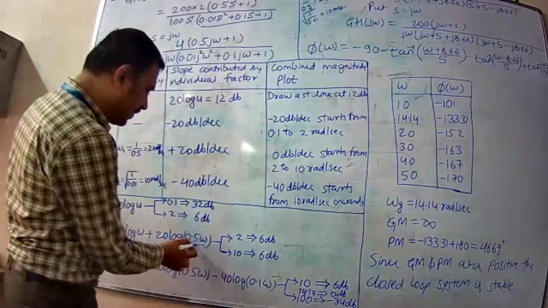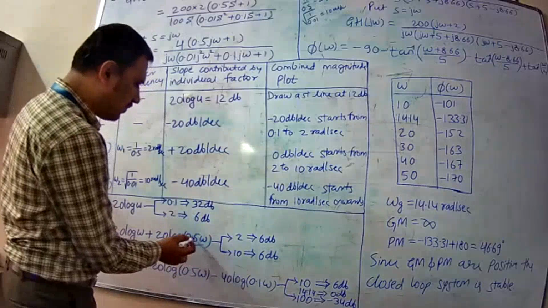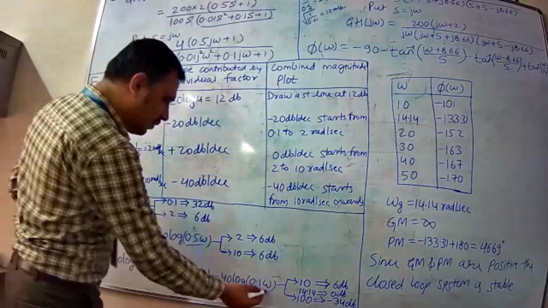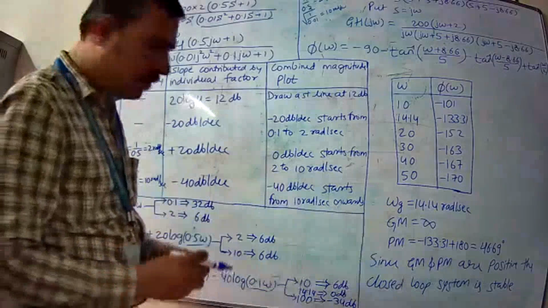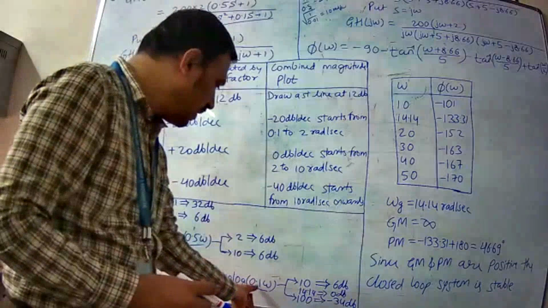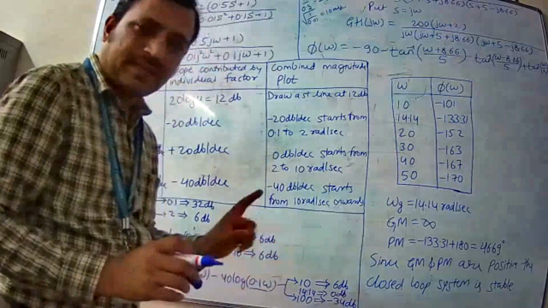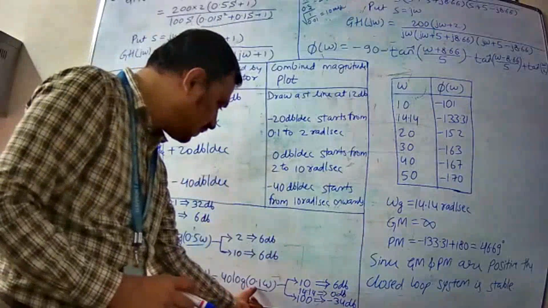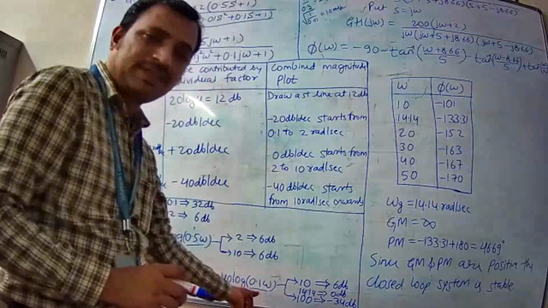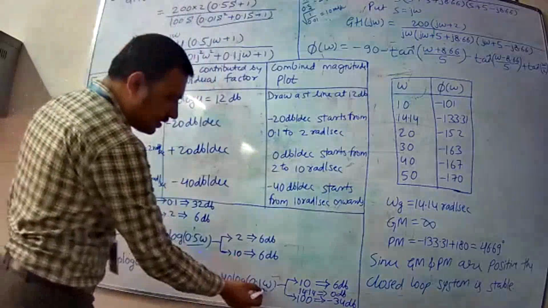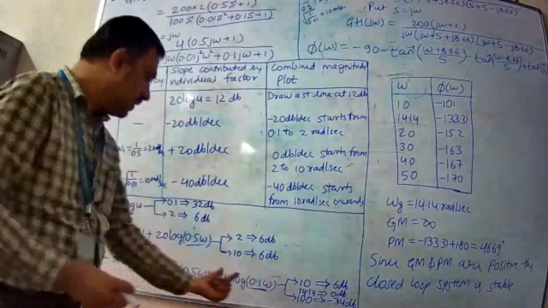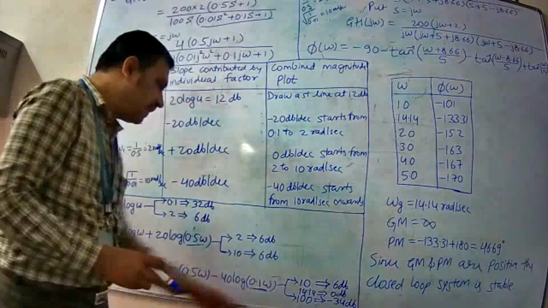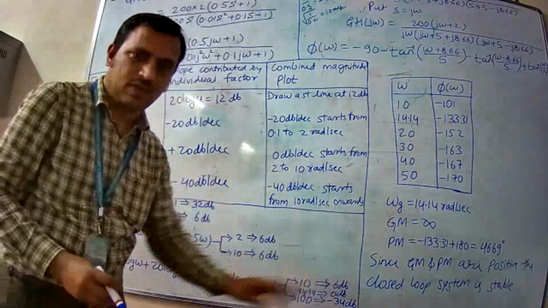See, in this term, if you multiply 2 into 0.5, then that becomes 1. Similarly here, if you multiply 0.1 by some value, this value must become 1. If you multiply it with 10, you get the value as 1, because 40 log 1 is 0, and then again you get 6 dB as the same value.